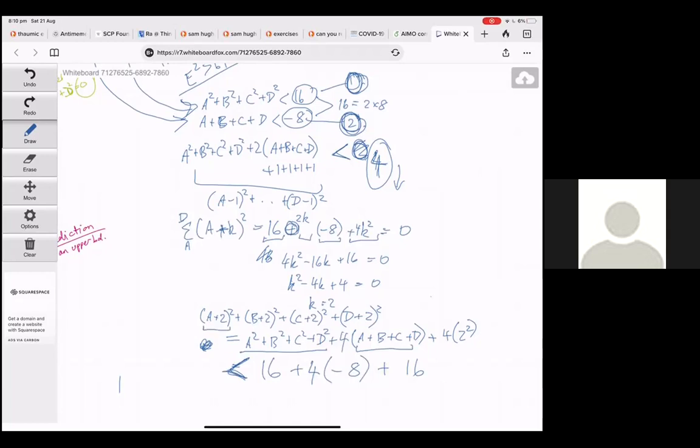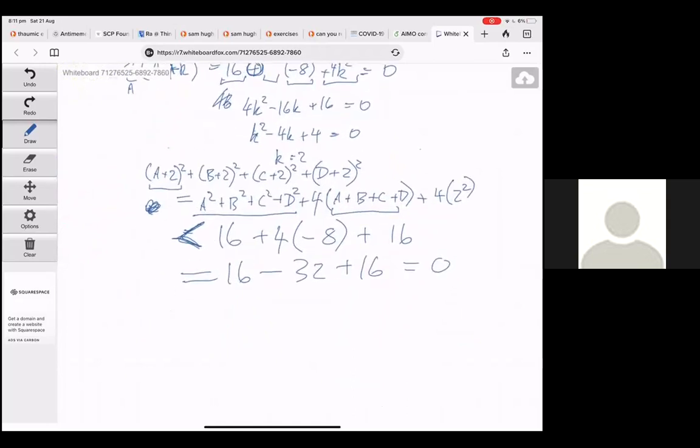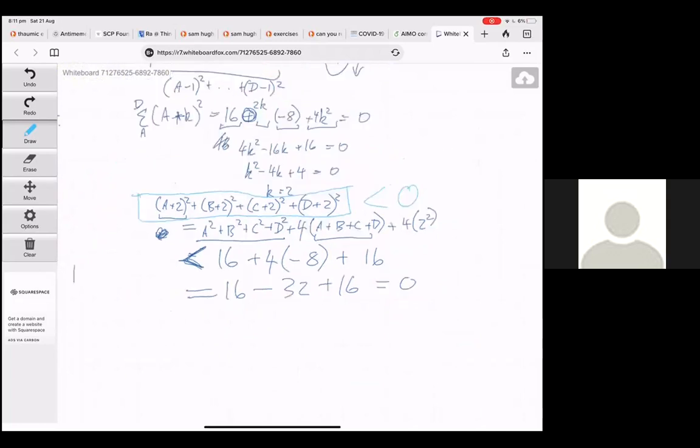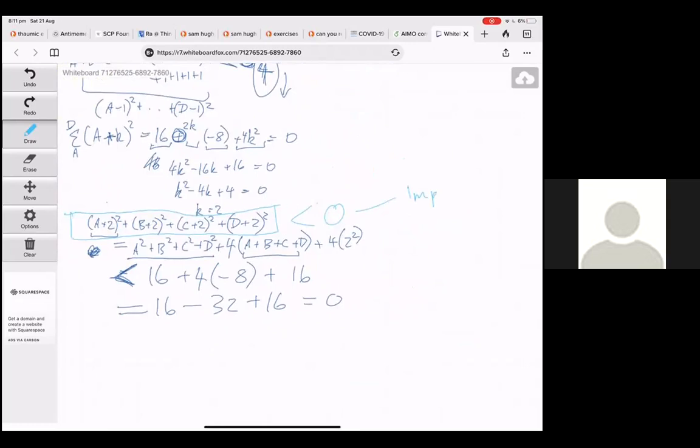My cross terms would be plus 2 times 2a, which is plus 4a. Okay, and now that is equal, finally, to 16 minus 32 plus 16, which is 0. Okay, so altogether what I've got is this sum of squared terms has to be less than 0. And that is obviously not possible with real numbers.